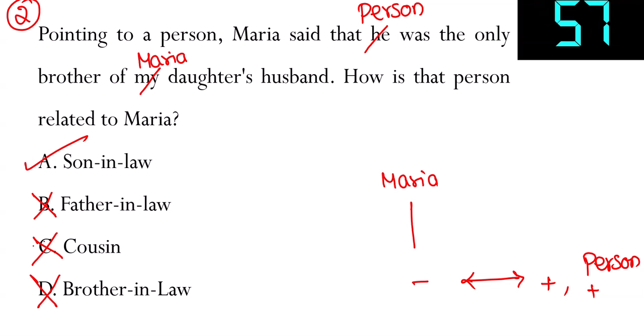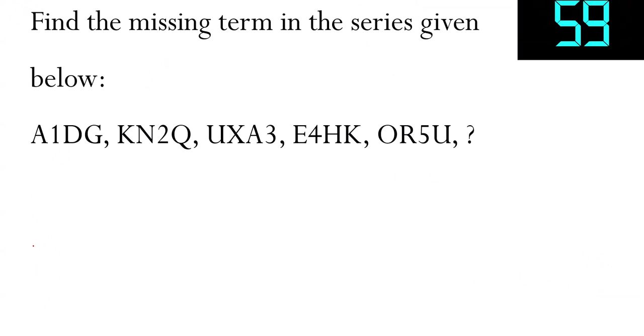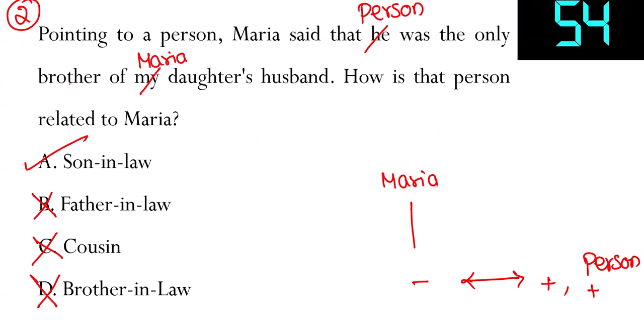Let's see the next one. Yeah, fine. Again, this logic, you check it out. Series related. See, actually, for son-in-law's brother, we need an option like sibling-in-law, but we don't have that option here.